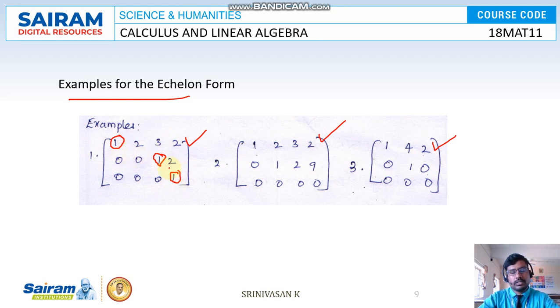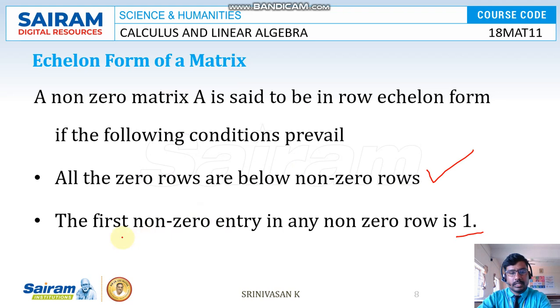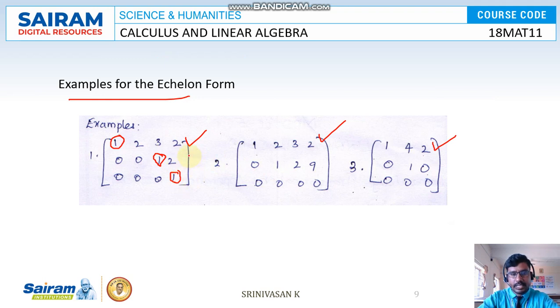So the condition is satisfied. In case you have 5 here, we have to convert that 5 to 1, then only the condition is satisfied. If it is 5, the second condition fails. So we replace 5 with 1, then we get 1 and the condition is satisfied.